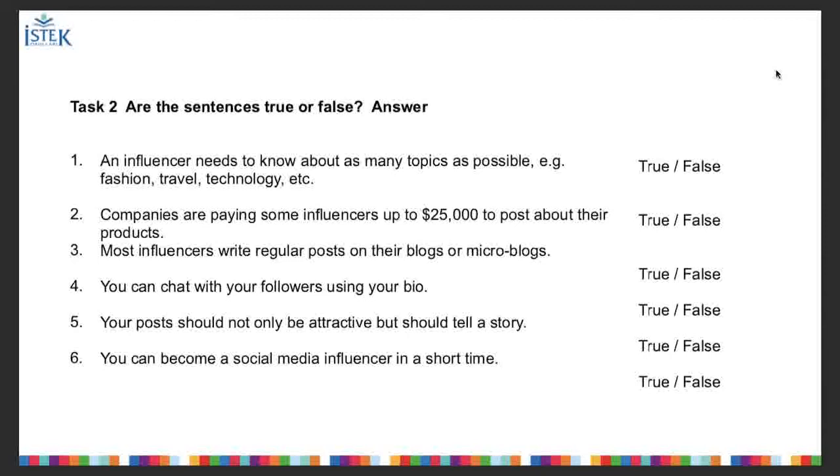Number 4, you can chat with your followers using your bio. Number 5, your posts should not only be attractive, but should tell a story. And number 6, you can become a social media influencer in a short time.